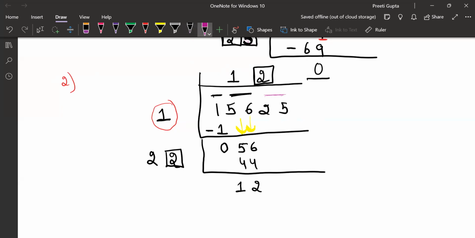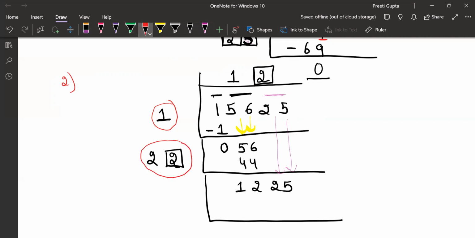So that is 2 and 12 comes. Then here I need to carry forward the entire number 25. So this number becomes 1225. Now, the next number in the divisor section will be the addition of the previous divisor, that is 22, and the previous quotient 2.